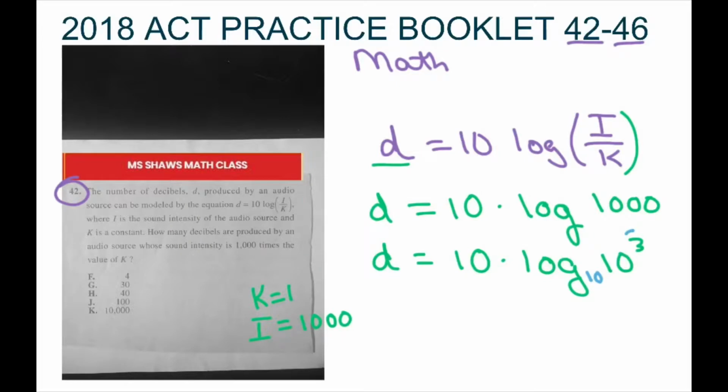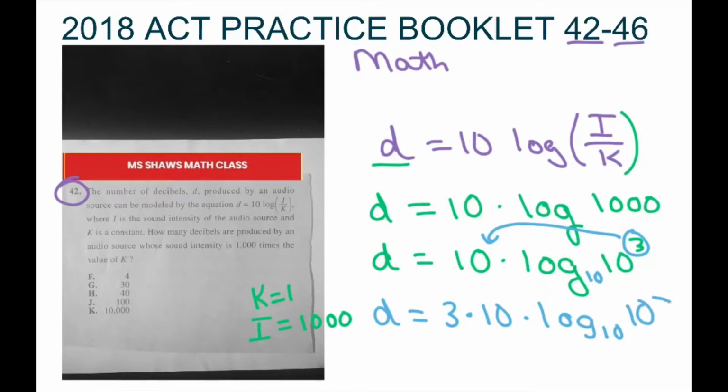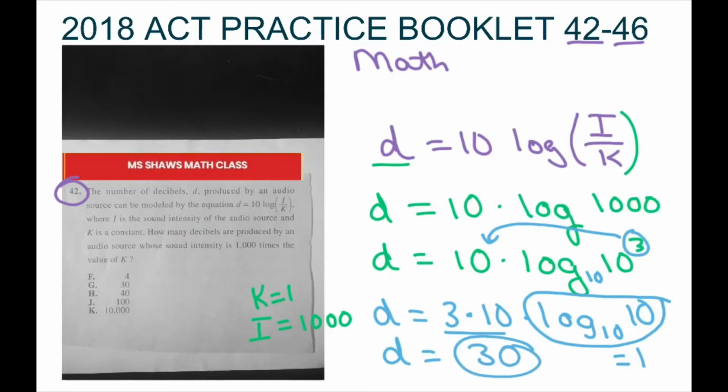Now, use my power property and bring this 3 in front. So I'm going to have D equals 3 times 10 times log base 10 of 10. When you have log base 10 of 10, that just equals 1. So basically we have D equals 3 times 10, which is 30. And that is your answer.